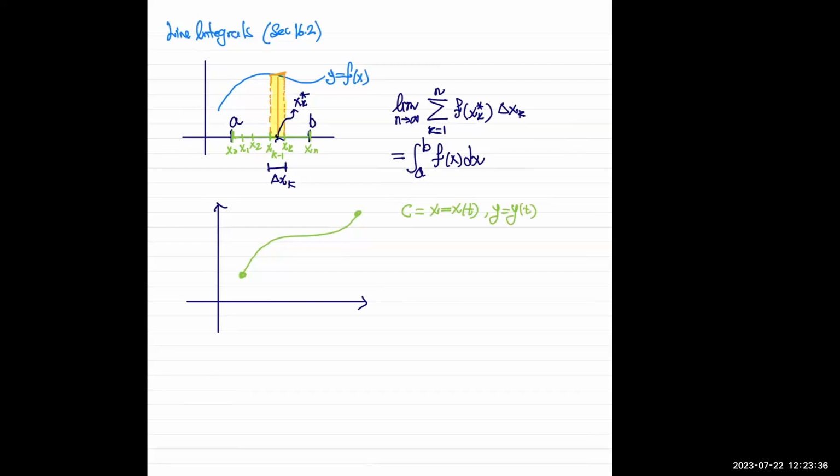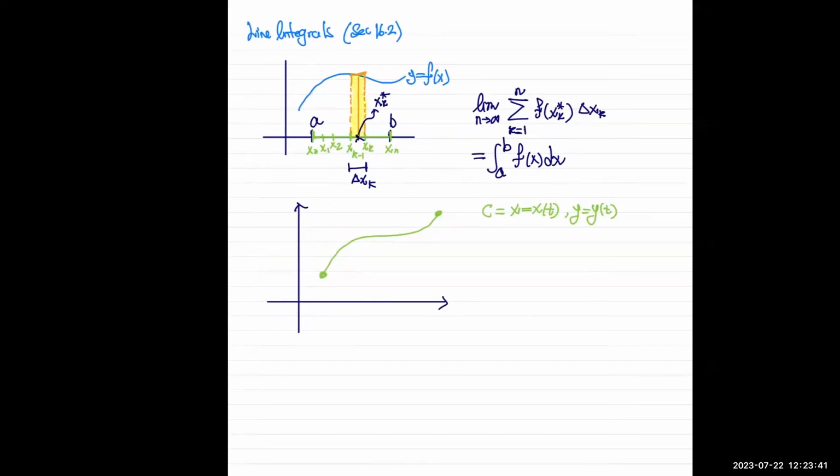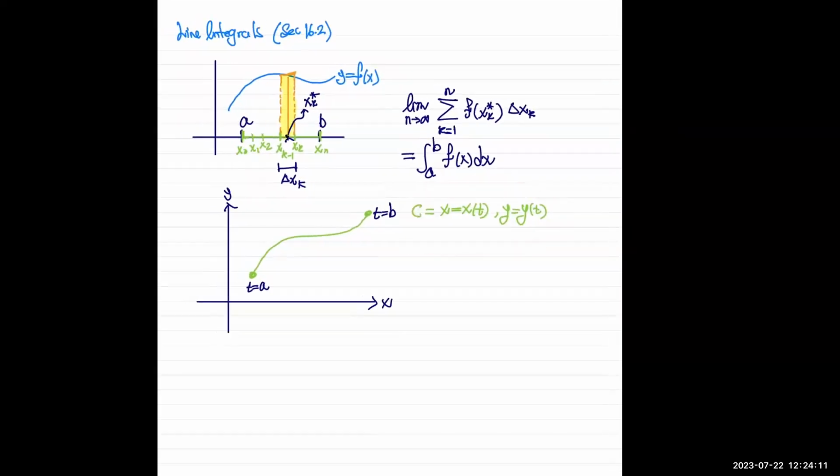This curve could also be in 3 dimensions, but let's just say we have this curve in 2 dimensions. And what we do is we break this curve into sub-curves. Okay, so the initial point corresponds to t equal to a. The final point corresponds to t equal to b. These are points that you obtain by plugging t into the parametric equations.